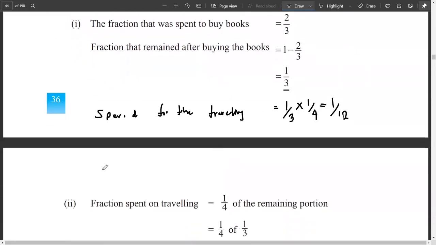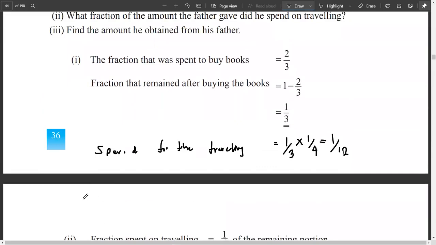So we can write a statement like: total fraction he spent is equal to 1 over 12 plus 2 over 3.